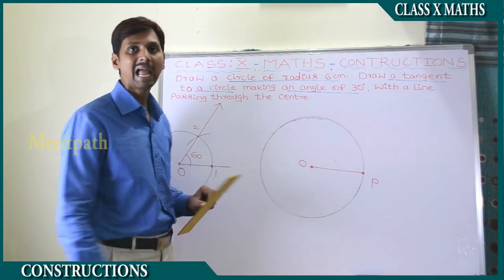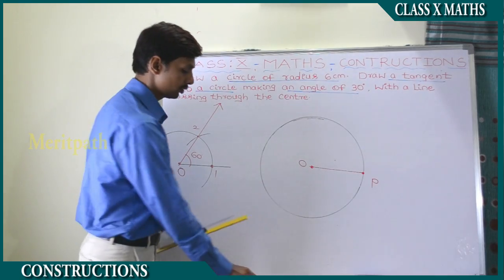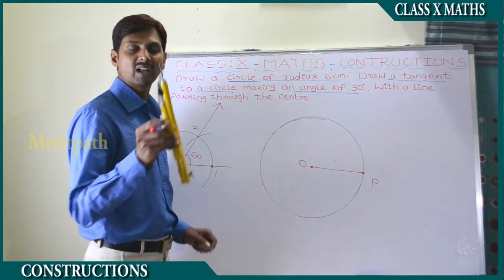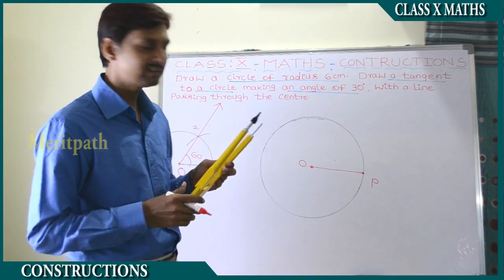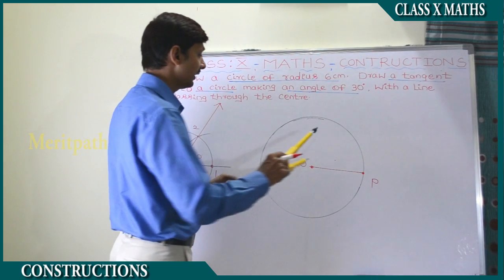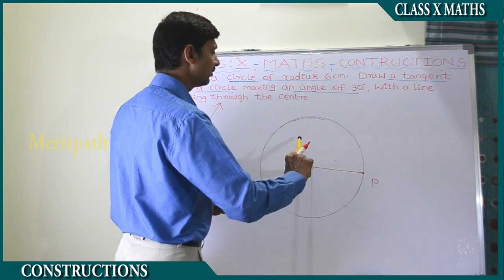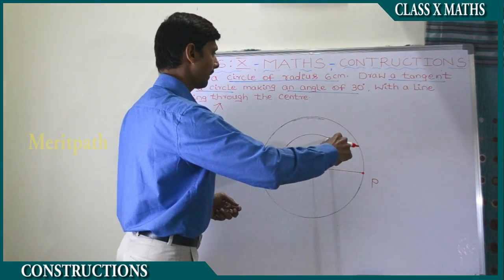So already we have the line segment OP as a radius. Take a 2 centimeters radius on the compass. We can take anything, but for our convenience we are taking 2 centimeters radius on the compass. With the point O, make an arc.